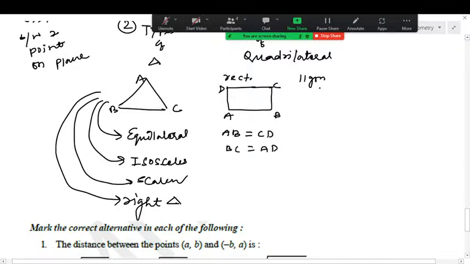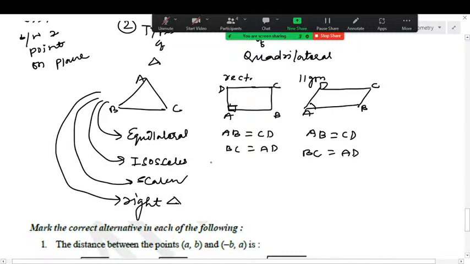The same thing is there with a parallelogram. The difference is only in angle. Here all angles are 90, but here it's not 90. Here as well, you will figure out that opposite sides are equal. In both of them this property is applicable.